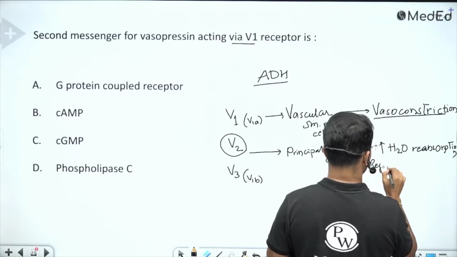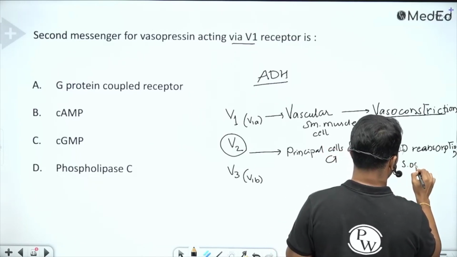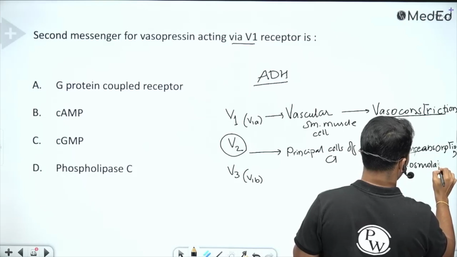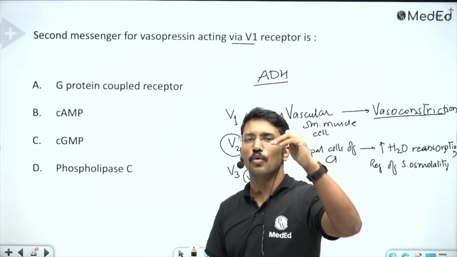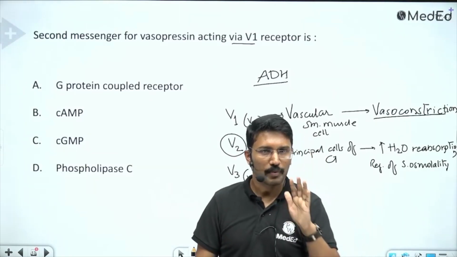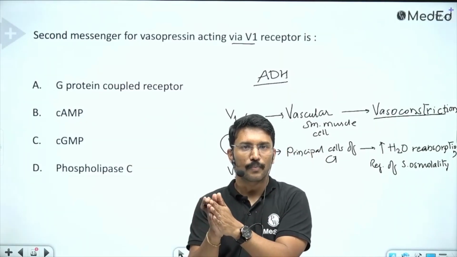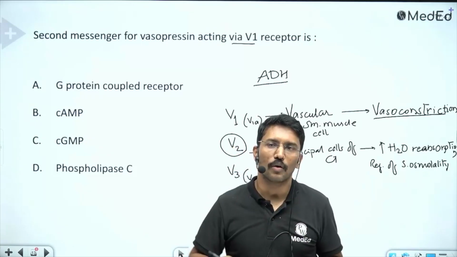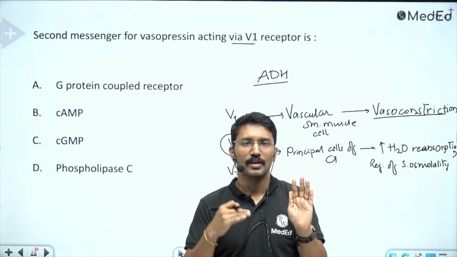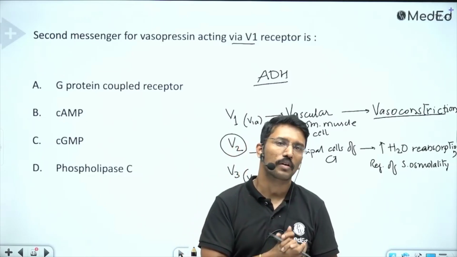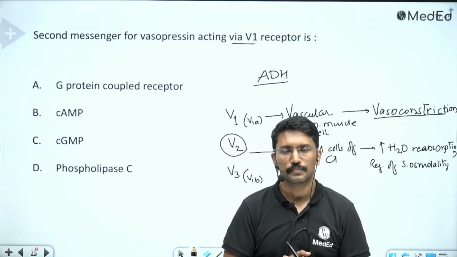Whenever you have a rise in serum osmolality, what is the meaning of it? Patient is getting either dehydrated, or there is loss of water, or there is addition of solutes, right? Increased osmolality means there is more solute in relation to the quantity of water in the body or the plasma.